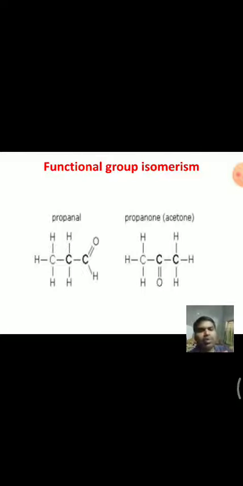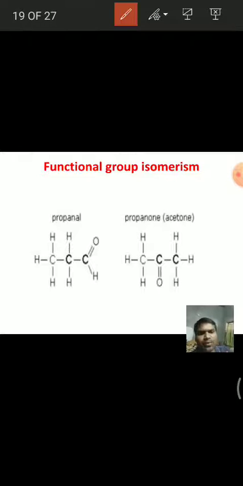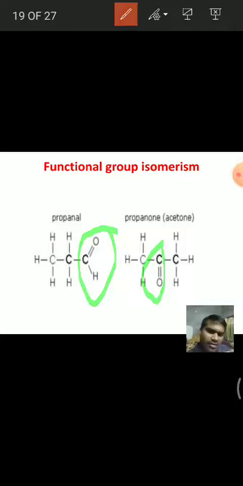If we see the first one, that is propanol, it has an aldehyde group, and the second one has a keto group. Carboxylic acids, esters, aldehydes, ketones, alcohols, ethers, cyanides, isocyanates, they show functional group isomerism.